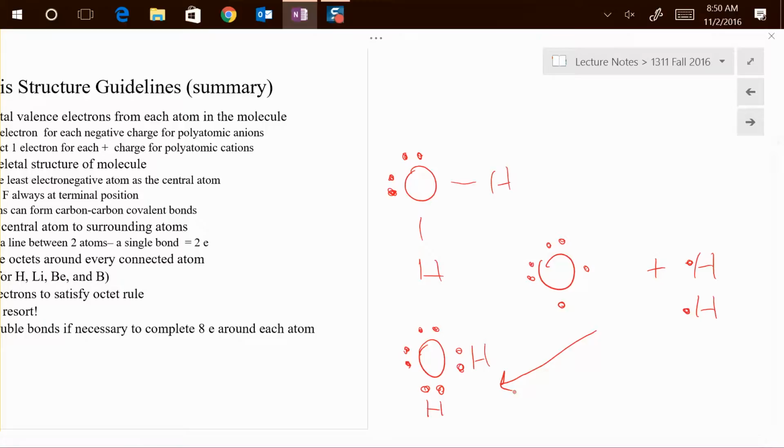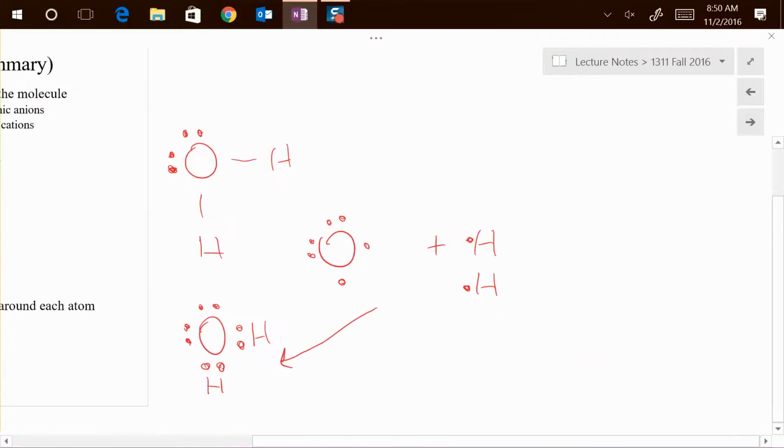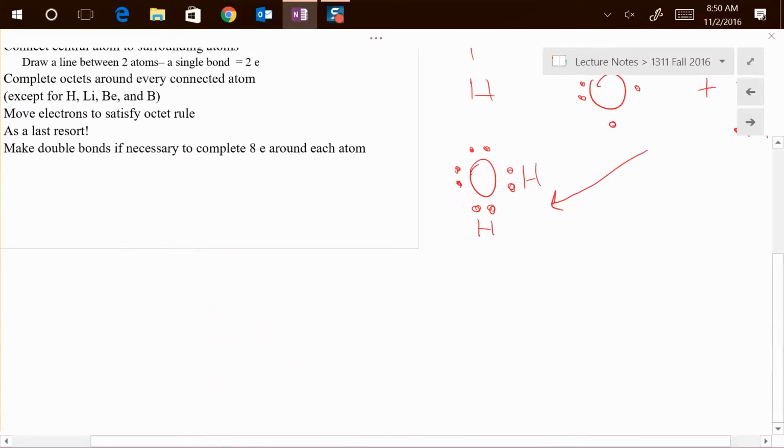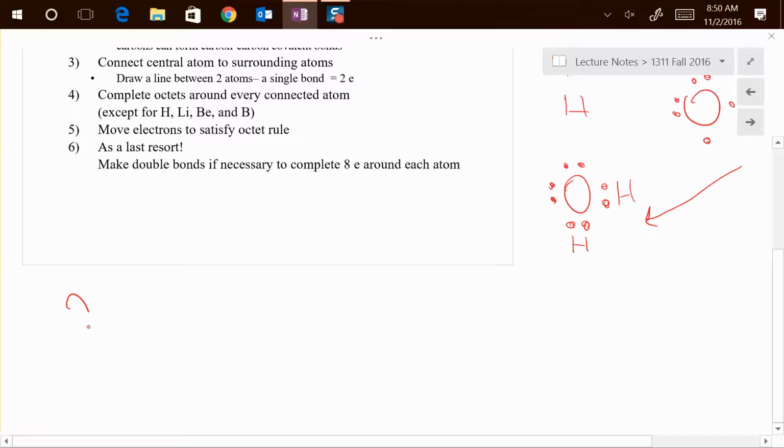Okay? Or, for example, if you had, let's go back here, two oxygens. These guys have 6, and this guy has 6. Could they satisfy each other's octets if they came together? Yeah, right?